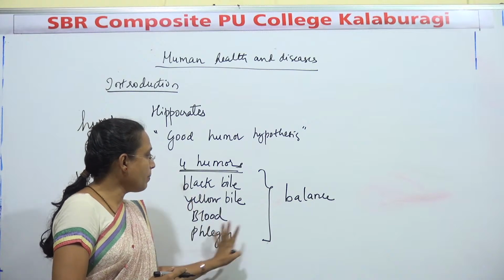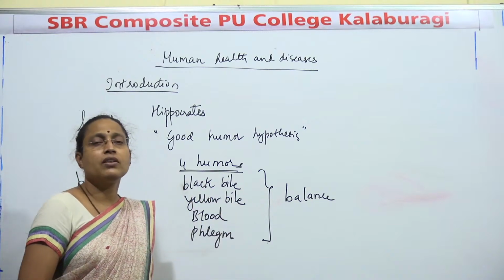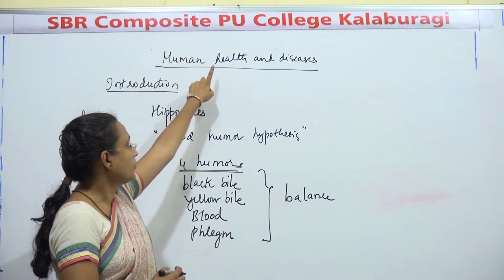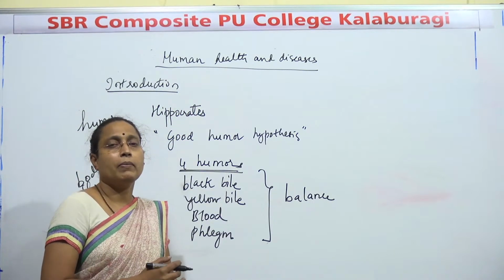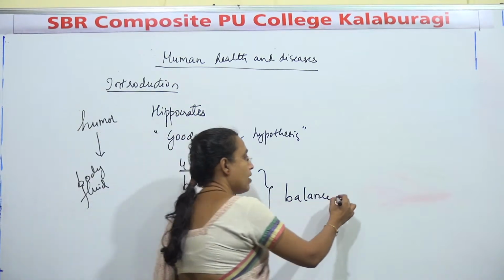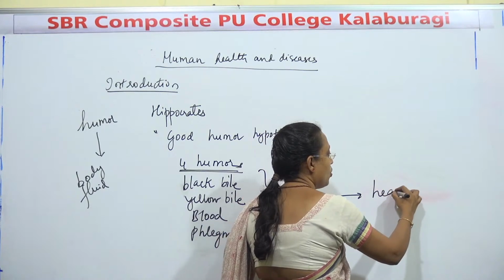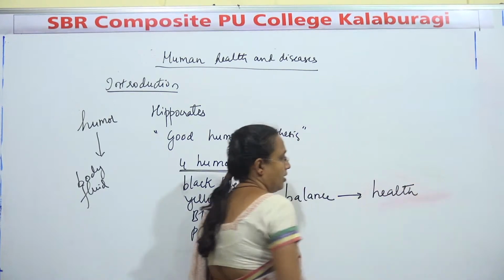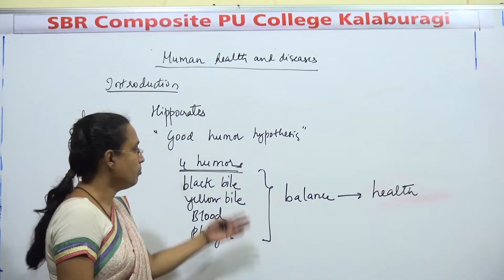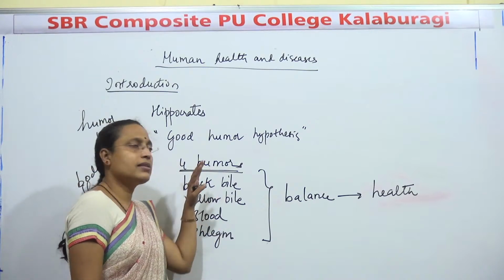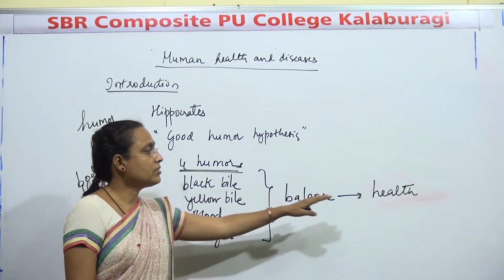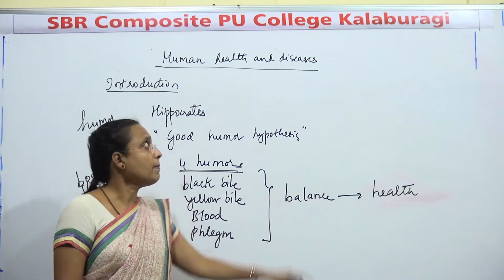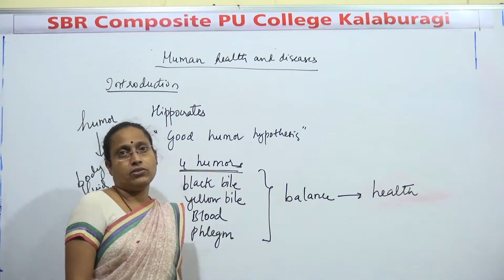If all of them are balanced, the person is going to have health. It's correlated to health. If imbalance occurs, then the person will start suffering from some diseases.